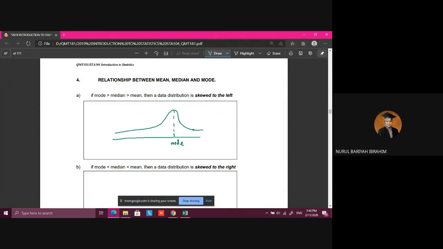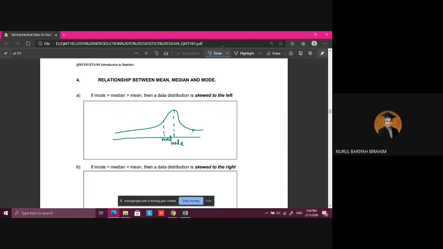Di sini median berada. Ini for the illustration lah. Dan di sini, mode lagi besar kan, di sini median.